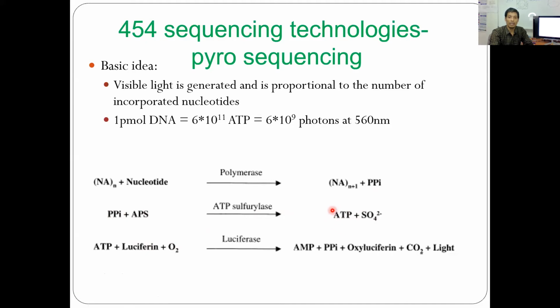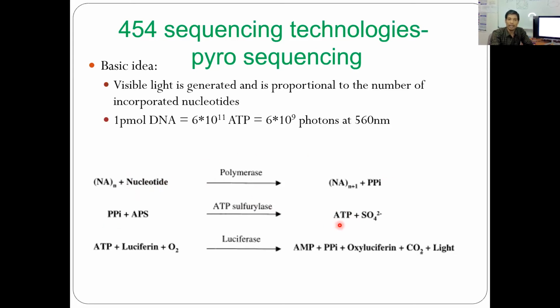So here is the important thing. What you got here is ATP. One ATP is produced whenever one nucleotide is added. For example, T is added to the primer and one ATP is produced, because one PPi becomes one ATP.